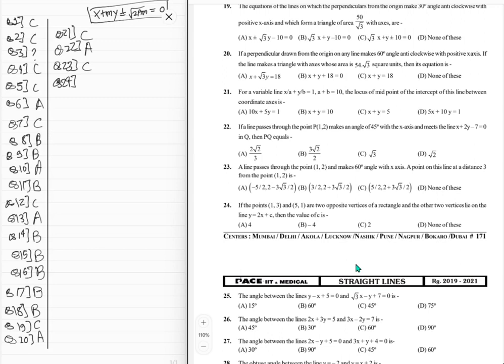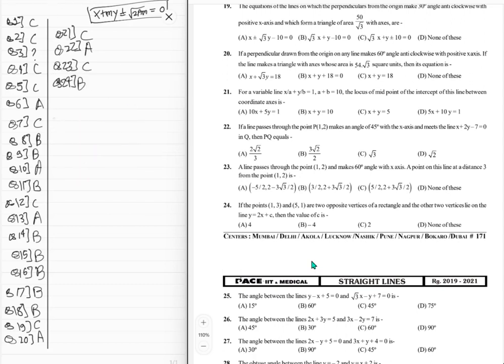This line also passes through the midpoint of these two, and the midpoint is just 3 comma 2. Then y equal to 2x plus c passes through this point as well, so it's essentially 2 equal to 6 plus c, so c is negative 4. That's all we need. So B.